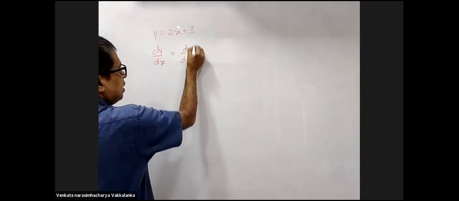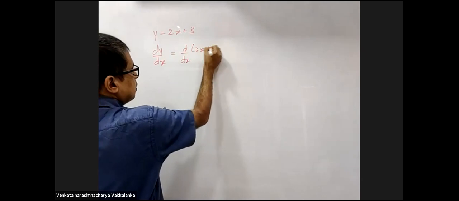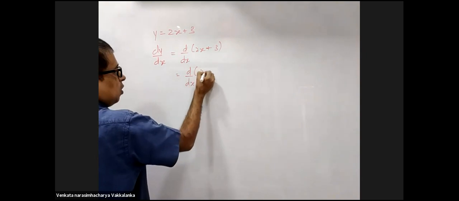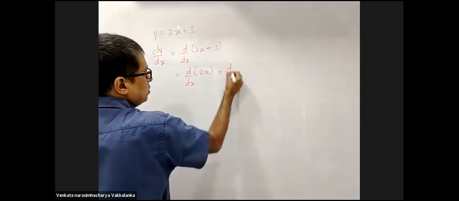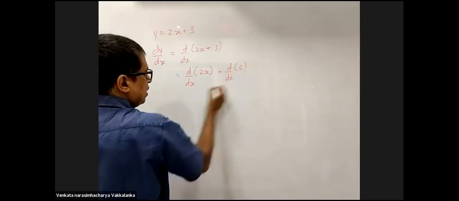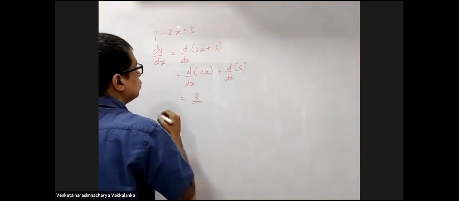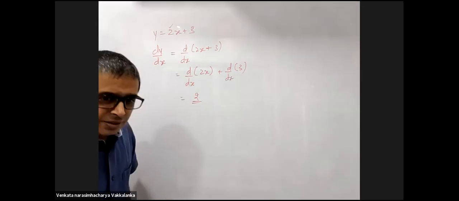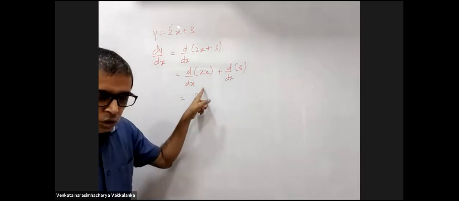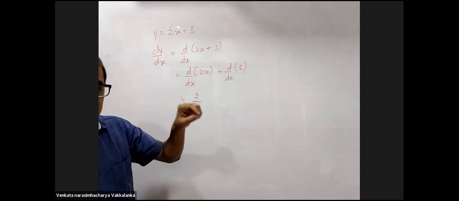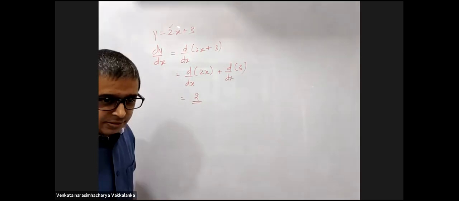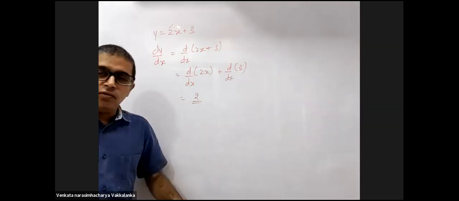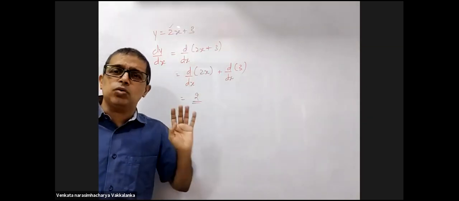This is d by dx of 2x plus d by dx of 3. This confirms how you get dy by dx as the slope of the line. This is a straight line, so the slope is independent of x. Wherever I calculate the slope, I will get 2.